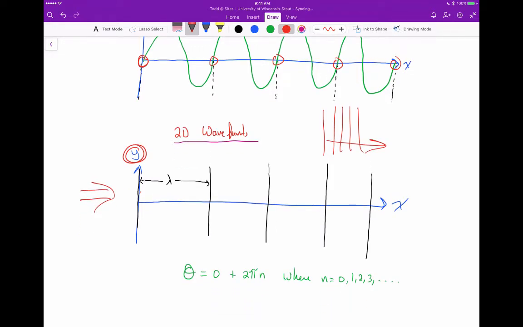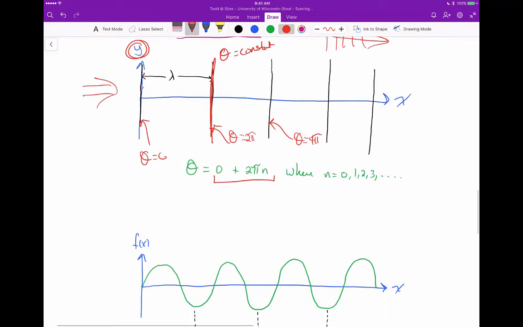What this is saying is that everywhere along this line, I know that the phase angle is a constant. In this case, I've chosen it to be 0 plus 2 pi n. So everywhere along this particular wavefront, theta is 0. Everywhere along this wavefront, theta is equal to 2 pi. Everywhere on this wavefront, theta is equal to 4 pi.